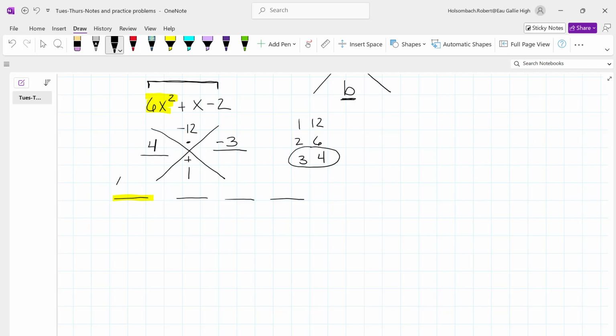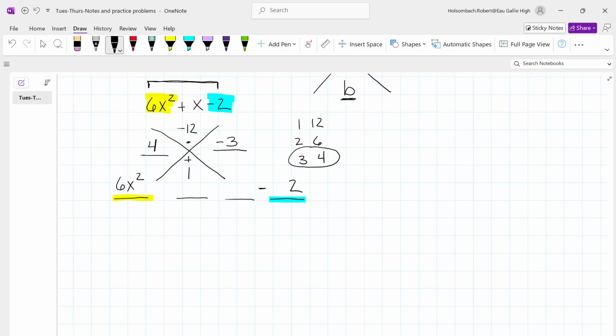So we go 6x squared right here. Our last term in the original trinomial goes right here. So we go with a negative 2. And actually, you can put the negative in between the two blanks.